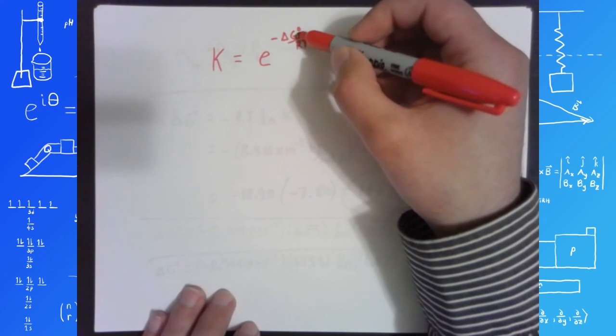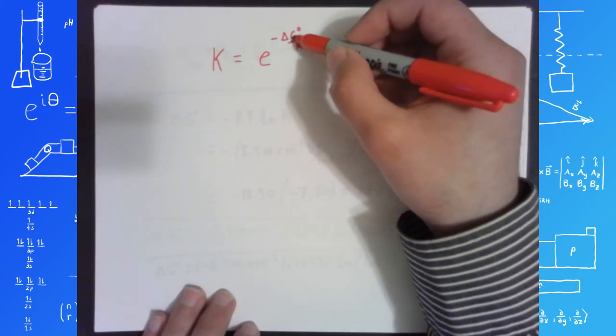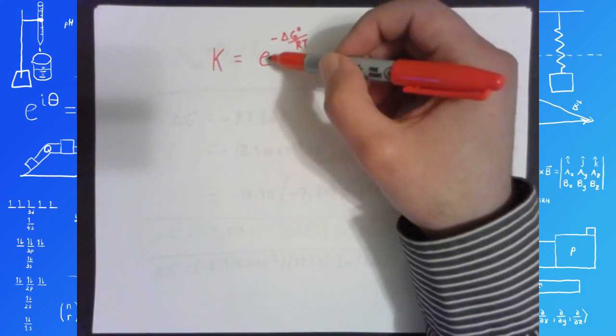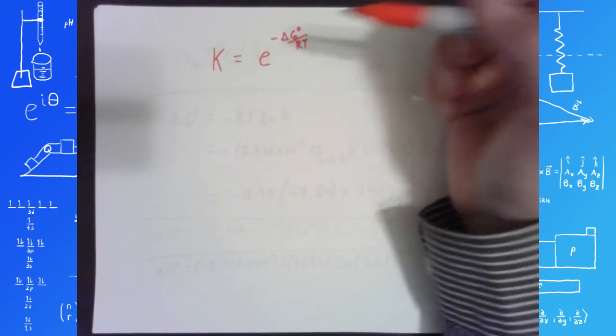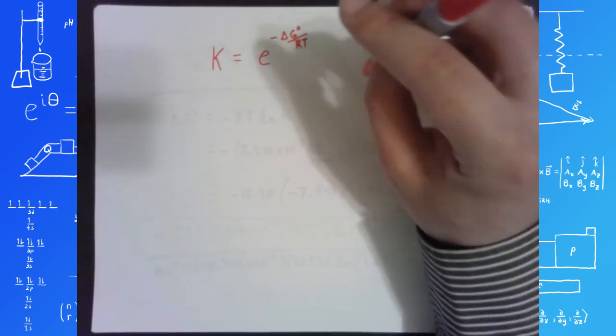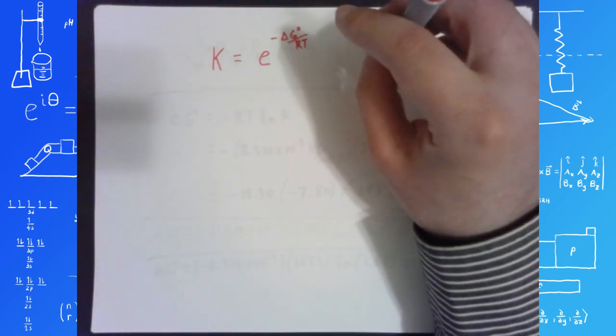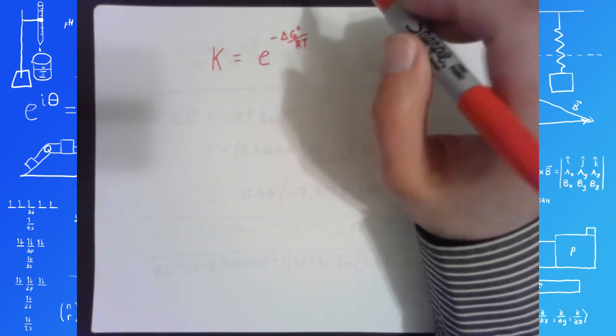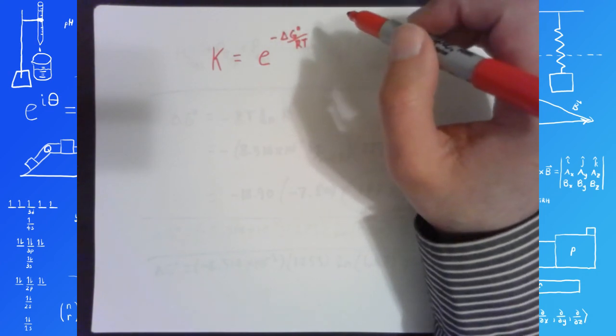If delta G is negative, on the other hand, then a negative times a negative, being a positive, would give you probably a large k value, like the formation constants for complex ions, which we didn't really talk about, but those k's are usually pretty big.